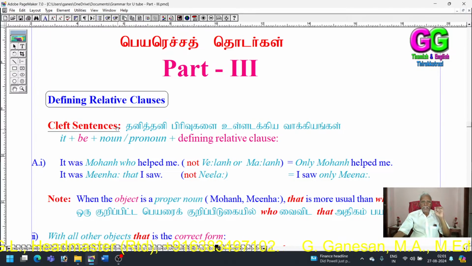In the construction, that is, it plus be plus noun or pronoun plus defining relative clause. In this construction, how we have to use the relative pronouns who and that. Where and when we should use the two relative pronouns who and that.